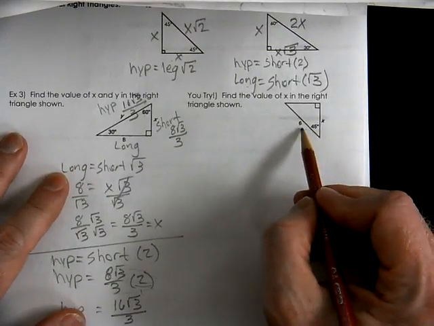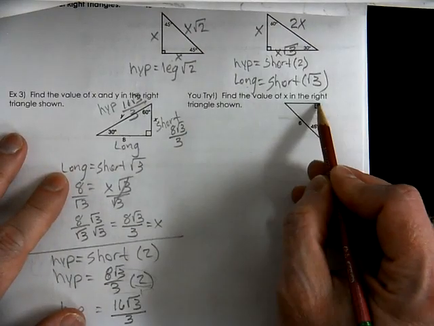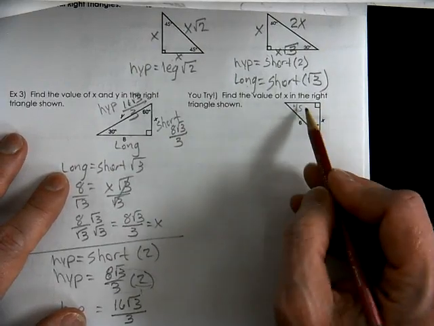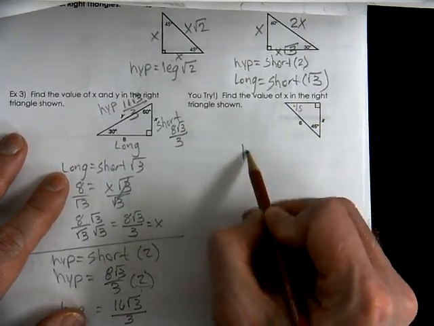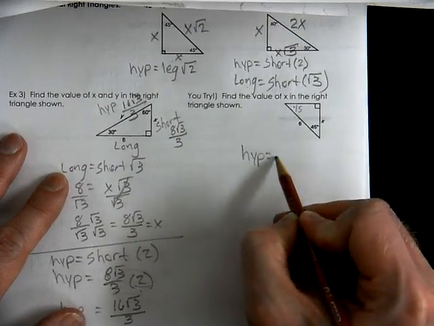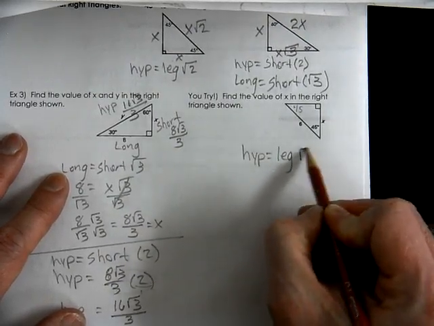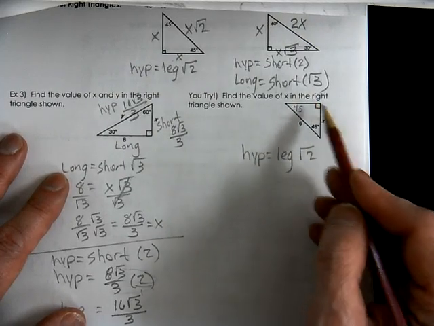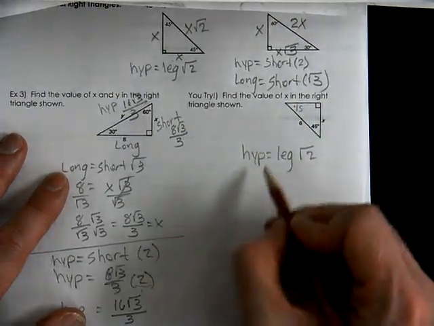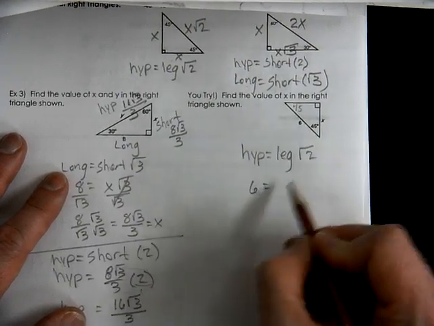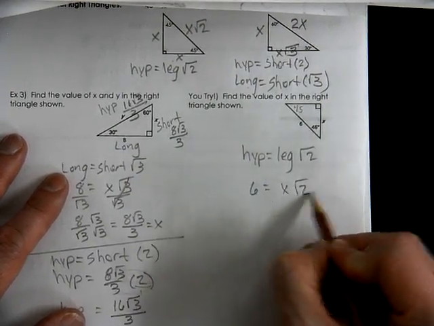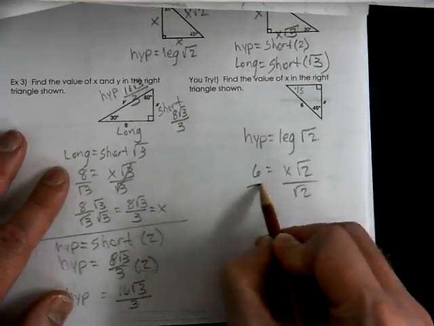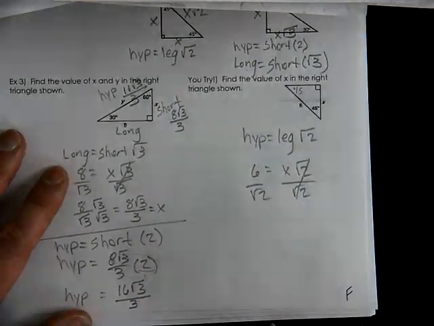So as we come back and try this out, I notice we have a 45. This would have to mathematically be a 45 to add up to 180. So 45-45-90 triangle, we have one formula. We just call it leg because both legs are the same length. It's not a short and a long. The hypotenuse in this case is 6. The leg is x, root 2. To get x by itself, we're going to divide by root 2.